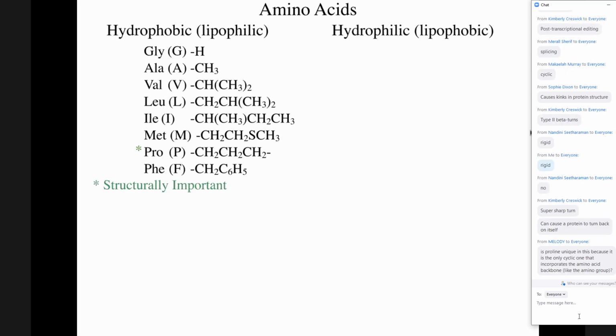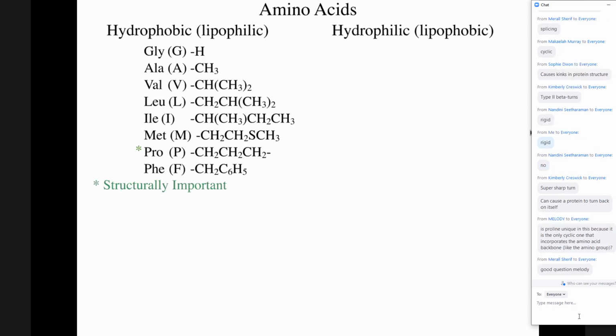So it forces a sharp turn? Yep, exactly. So proline is the unique one that way. It causes all sorts of steric hindrance. So does it mess up protein folding?